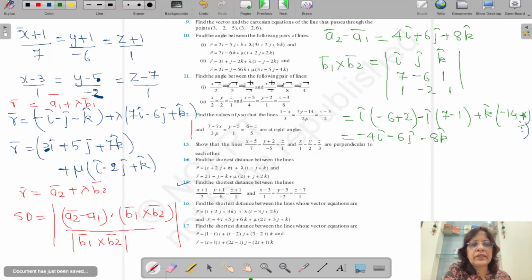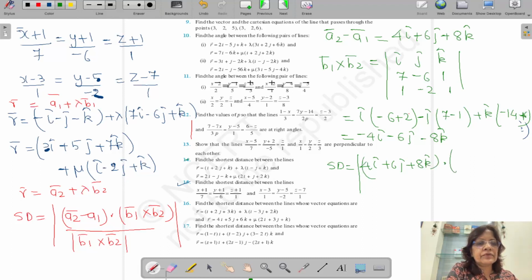Now we substitute the values in the formula. Shortest distance is (4i plus 6j plus 8k) dot (minus 4i minus 6j minus 8k) upon under root 16 plus 36 plus 64, right?